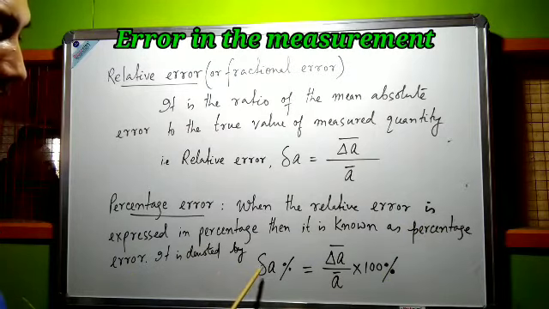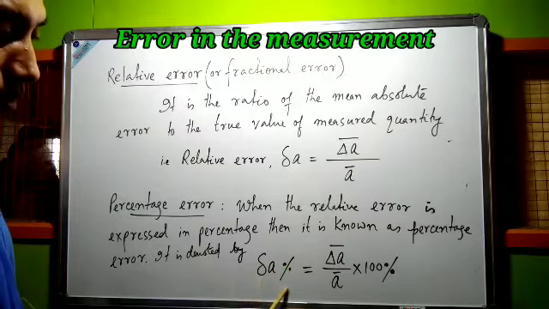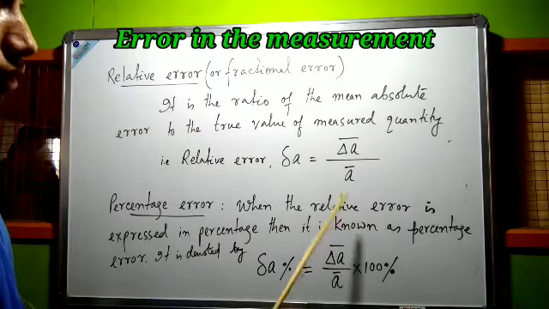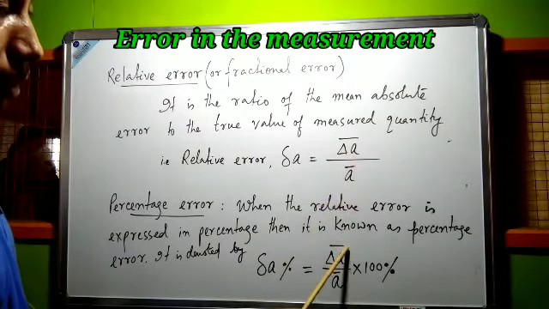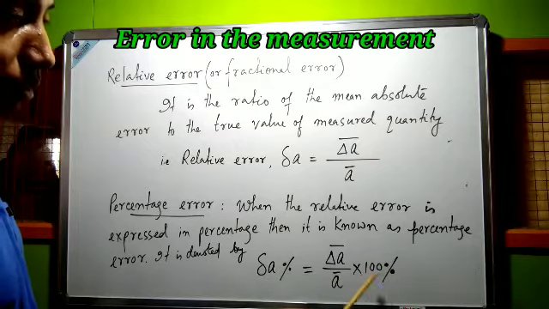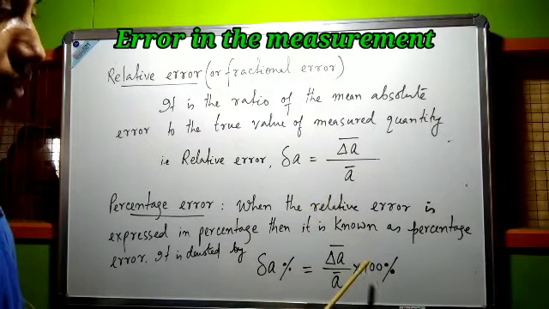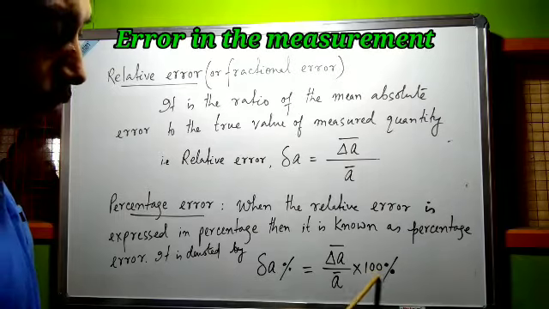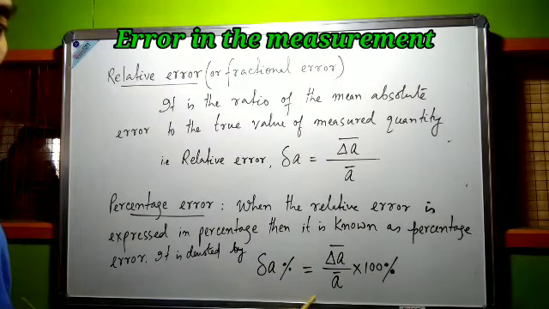It is denoted by delta a percentage, and this will be equal to delta a bar divided by a bar into 100%. Relative error multiplied by 100 gives the percentage error.